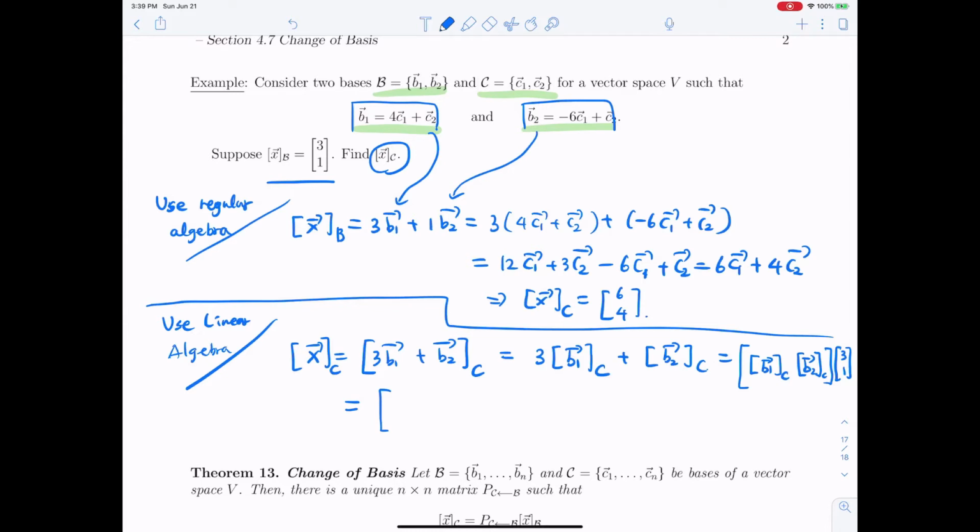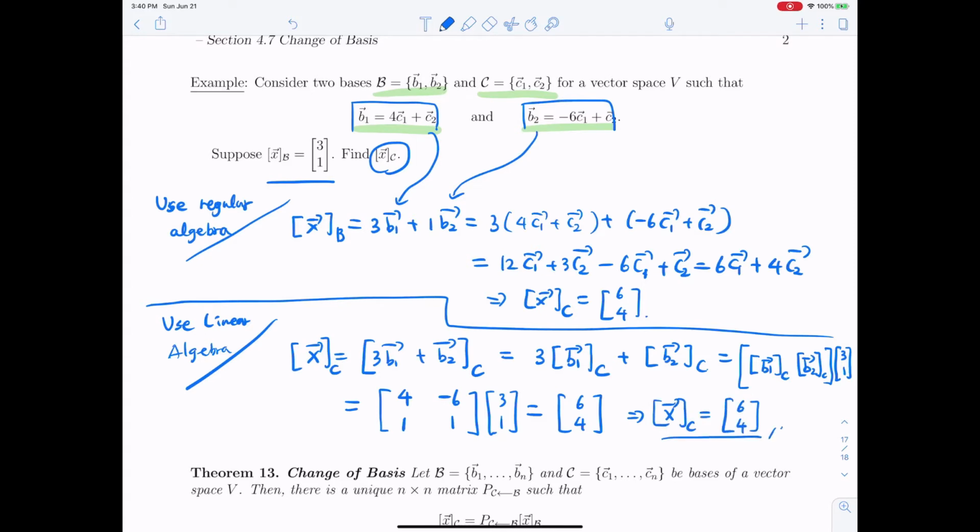So that gives you the matrix [4, -6; 1, 1] multiplied by (3, 1), and this certainly equals (6, 4). So from here, we can tell that the C-coordinate of x equals (6, 4).